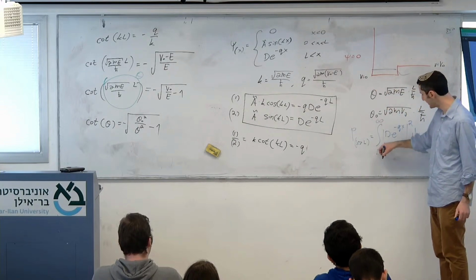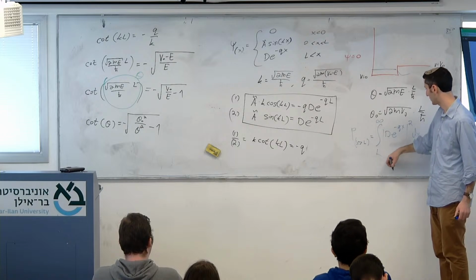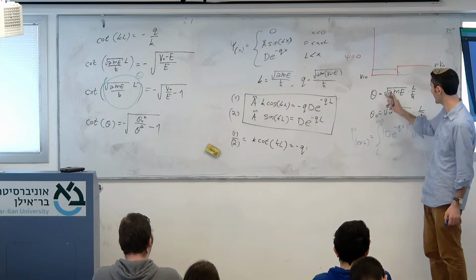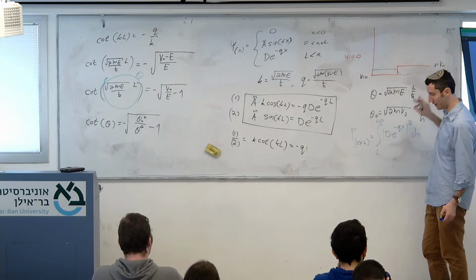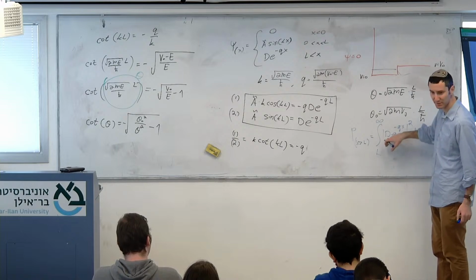I know everything besides d. This is the chance of finding the particle anywhere here. I know how to solve the integral of an exponent. That's not so hard. I do need to find d.